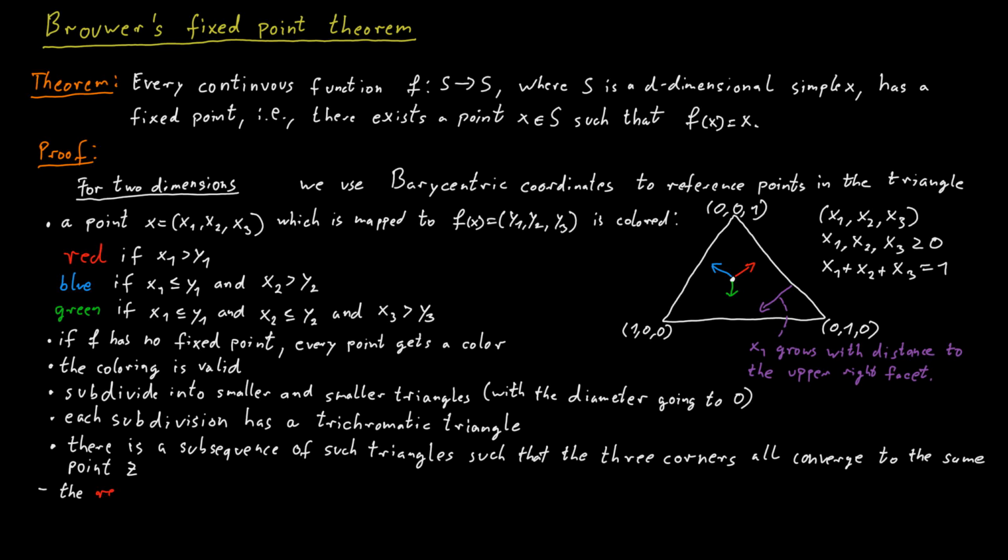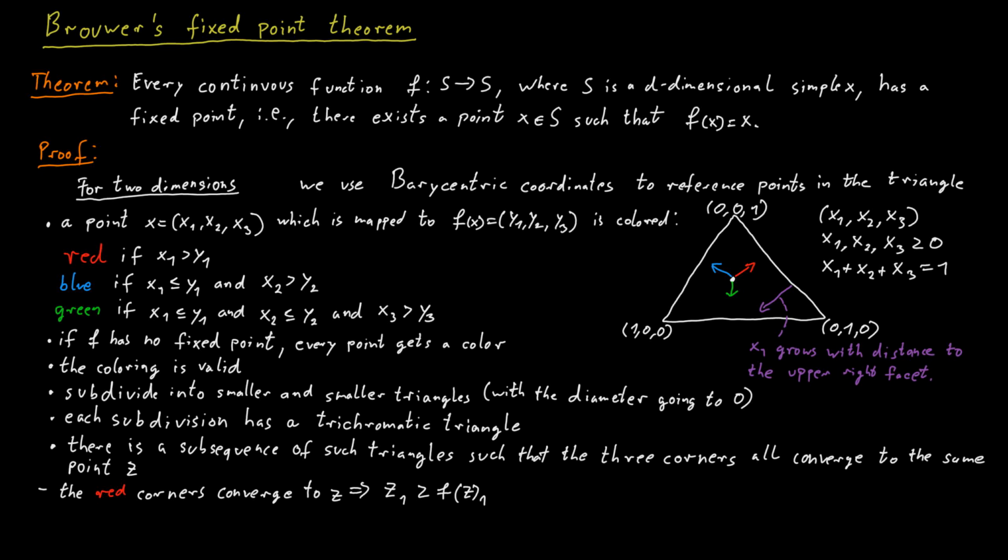The red corners, if you follow the red corners in the sequence, they converge to z. And for the red corners, we know that the first coordinate gets smaller when we apply the function, so the same must be true for the limit point, because the function is continuous. So in the limit, we have that z1 is greater or equal to the first coordinate of f of z.